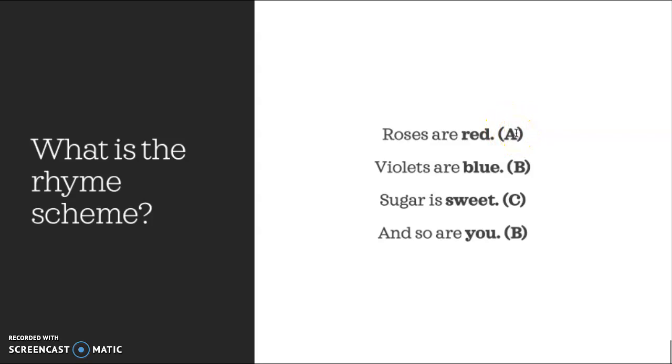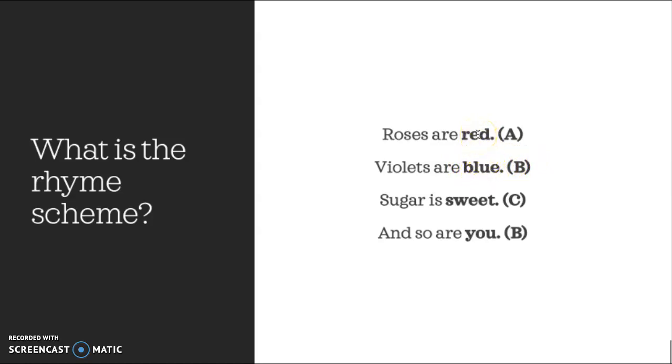When you do rhyme scheme, you always have to look at the previous lines to see if your words rhyme or not. So here's an example for line 2. It says, "Violets are blue." So look at the word blue. Does blue rhyme with red?